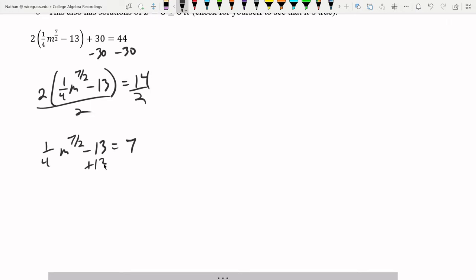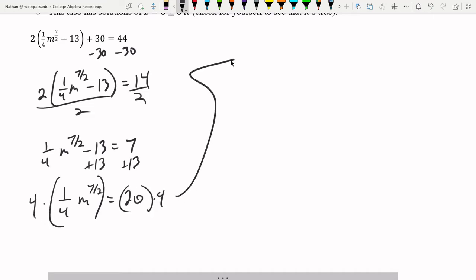Add 13, then I'll multiply by 4. Okay, now I can multiply by 4. That's going to give me m to the 7/2 equals 80.